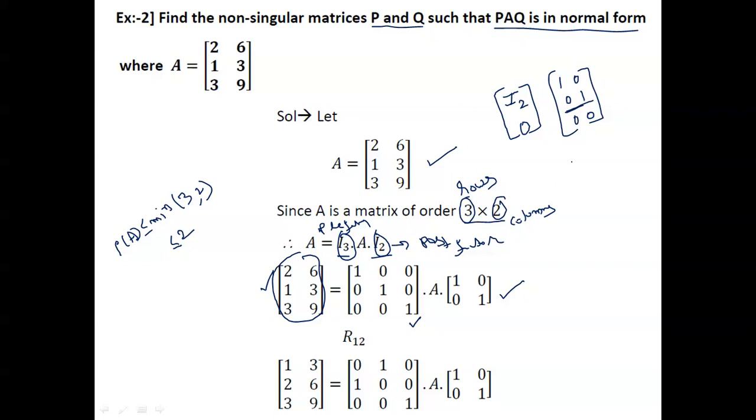Or I1, 0, 0, 0. That means 1, 0, 0, 0, 0, 0. This is one of the normal forms. So the matrix is reduced into this normal form.